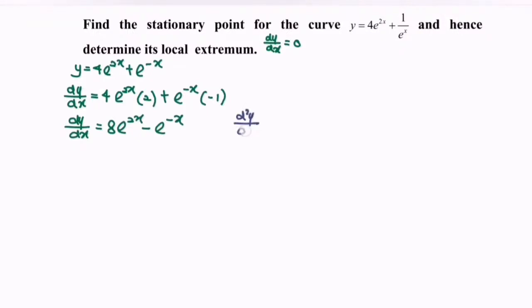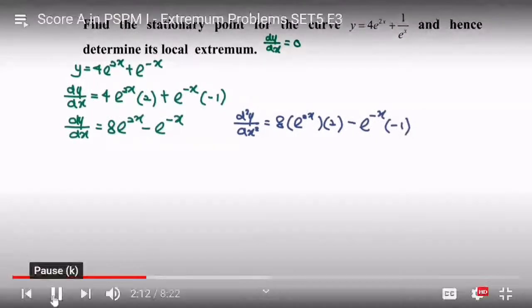And we will have 8 multiplied with e^(2x) multiplied with 2 minus differentiate the e^(negative x), and we will have e^(negative x) multiplied with the negative 1 after we differentiate the power, which is negative x. So rewrite. Boleh ya? Ini saya punya gaya.